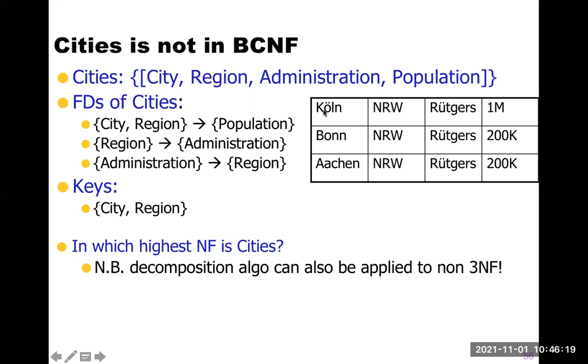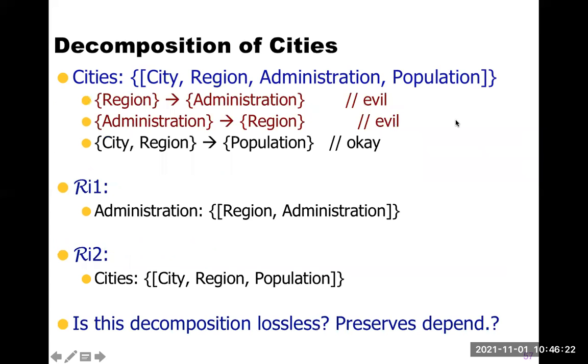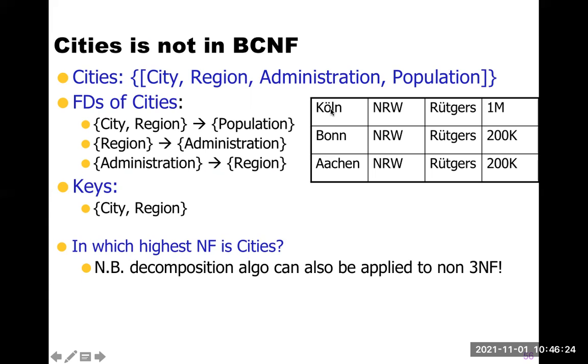So the table may look like this. Different cities in the same region have the same administrator and different population.